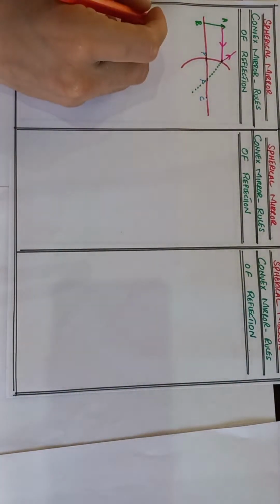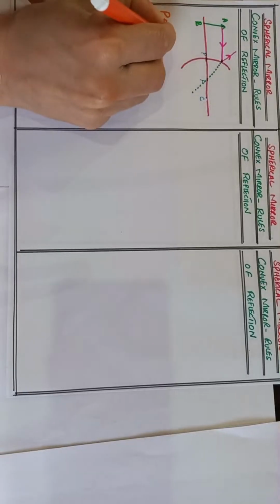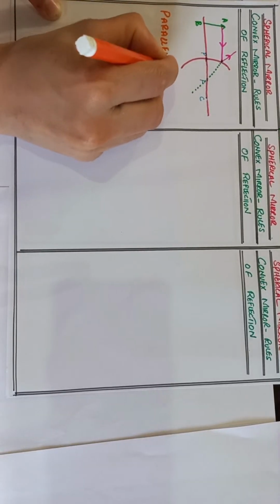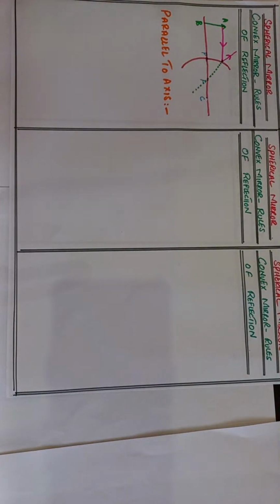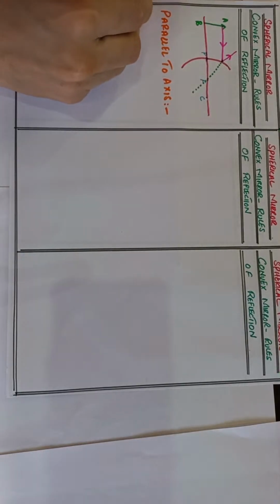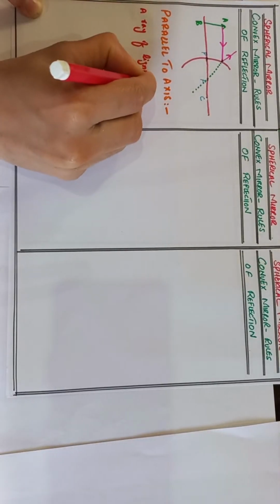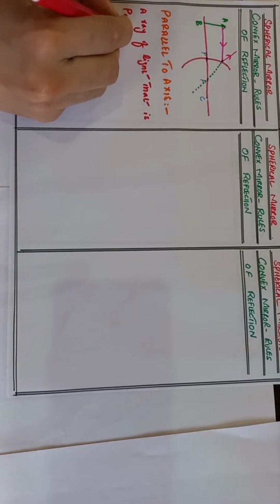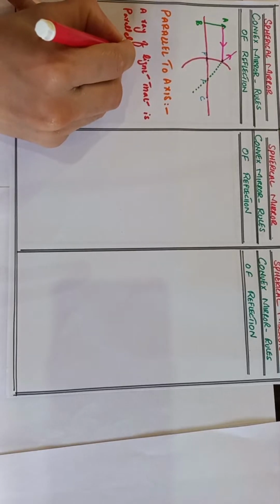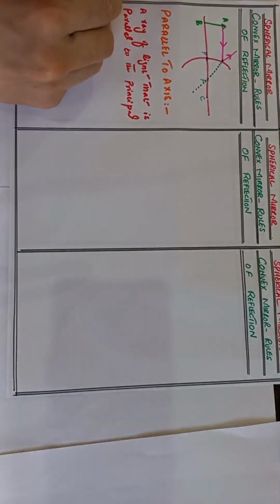First rule: a ray of light that is parallel to the principal axis.